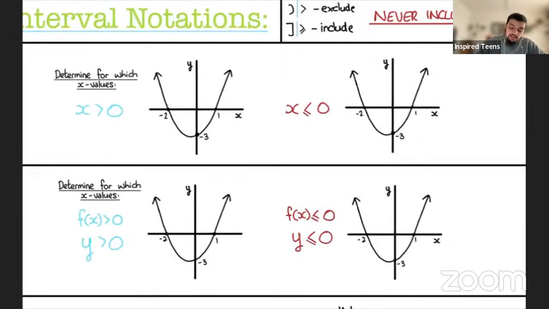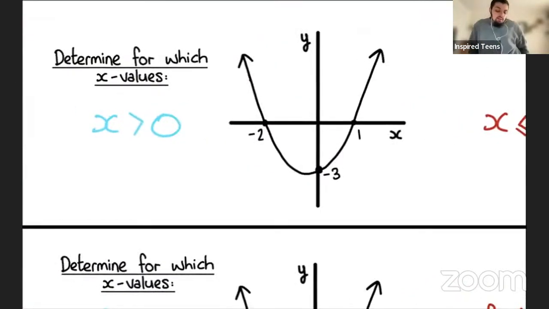Okay, let's have a look at the next examples. Determine for which x values x is greater than 0. This is a bit of a silly, trivial example, however I want us to go through it to understand when they do ask this as well. So firstly, we need to understand when is x greater than 0.